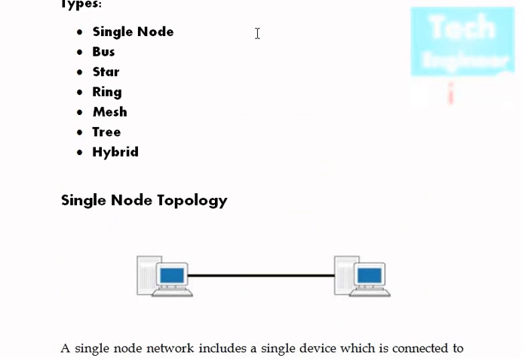The single node is no longer in any documentation, but we could discuss it and include it in the list, along with bus, star, ring, mesh, tree, and hybrid.